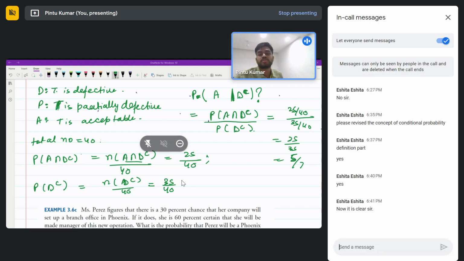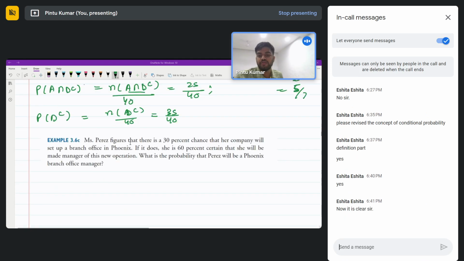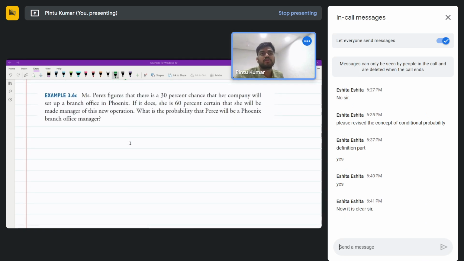Okay, so now let's go to the next question, and I would expect you guys to solve this. I'll give you 3 minutes to solve this. I'll start attempting it at 6:50.